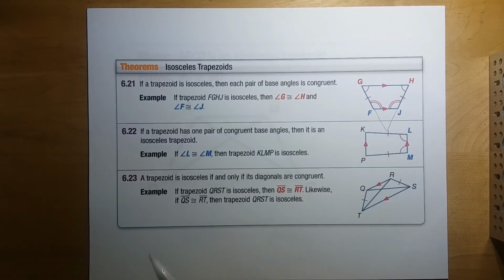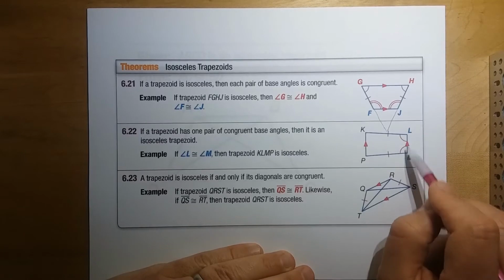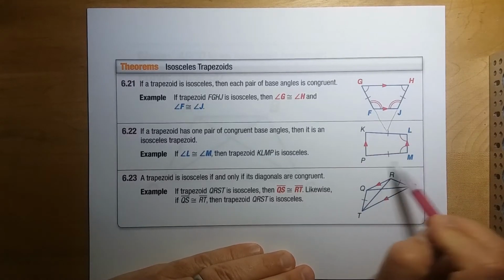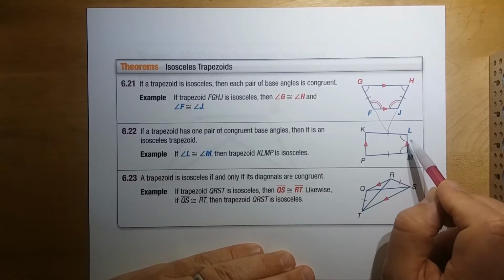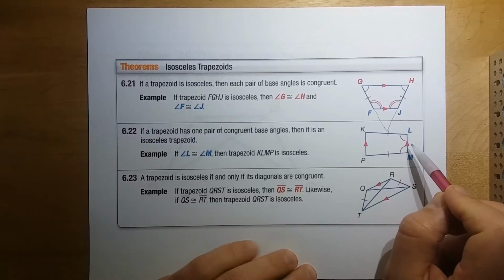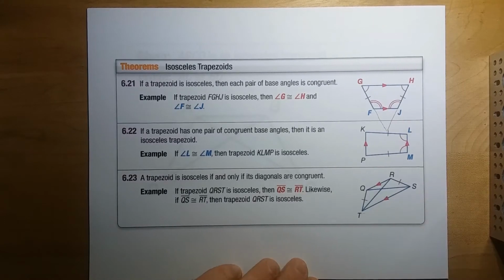And if a trapezoid has one pair of congruent base angles, we can recognize that immediately. Even if we know nothing about the length of the legs, if we know that it has a pair of congruent base angles, then we know it's an isosceles trapezoid. And if we have a trapezoid that is isosceles, then there's something else we know about it. Its diagonals are congruent.